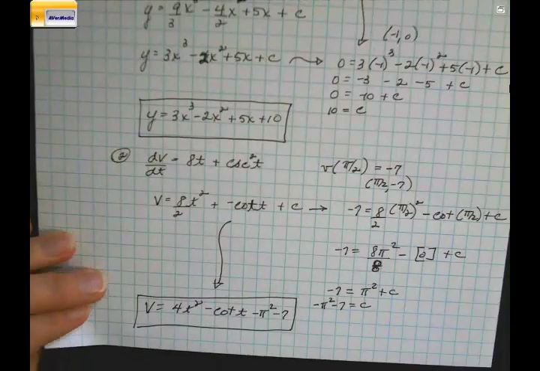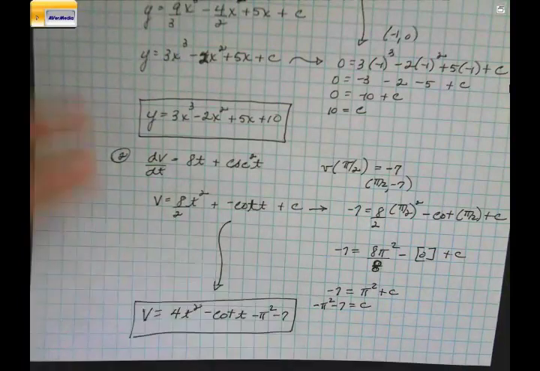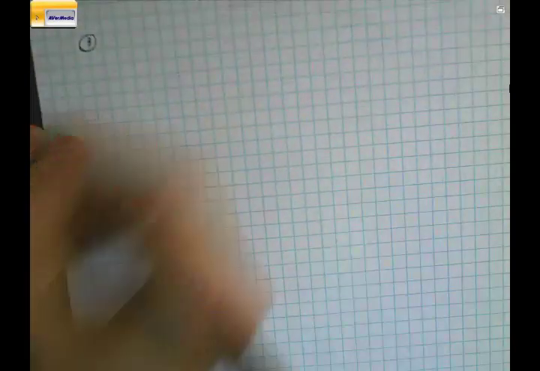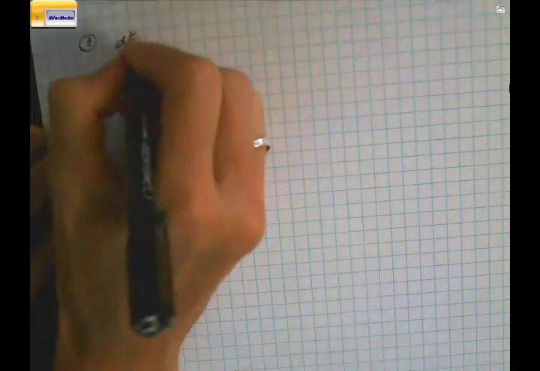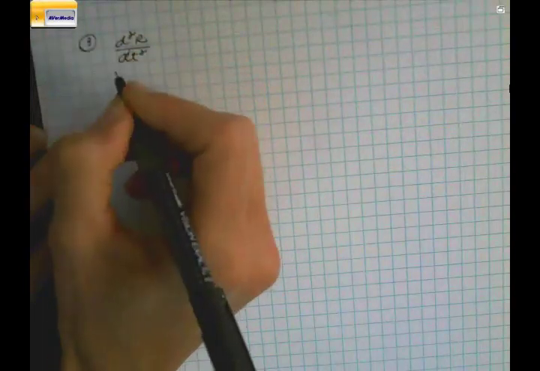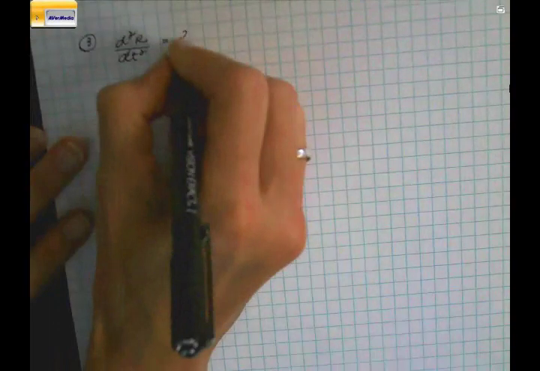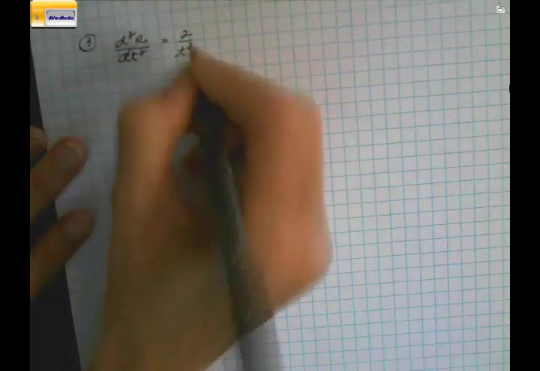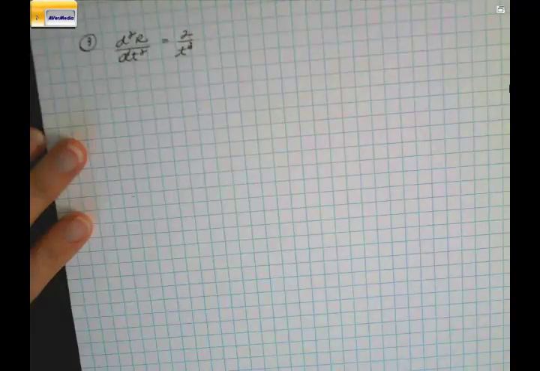My cotans just look bad. My cosecants are bad. I had to try so hard to write it so you can read what I've written. Now this is an interesting situation. This is hard for me to even write. This is the second derivative of r with respect to t, and it equals 2 over t cubed.